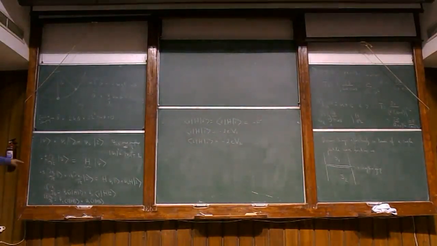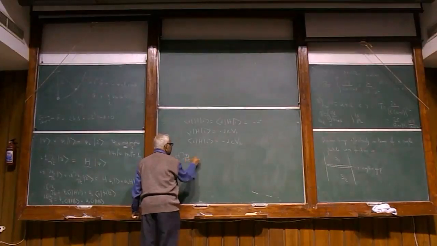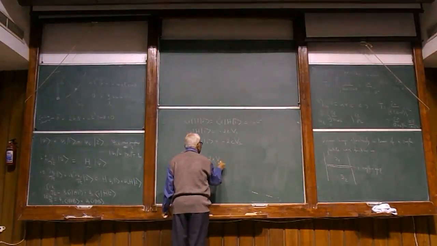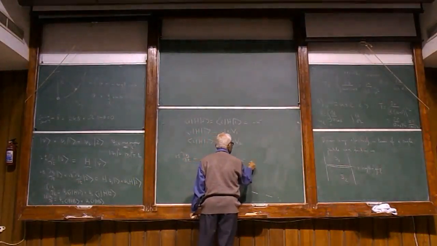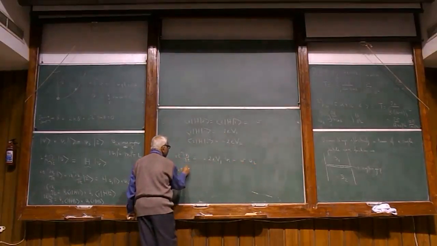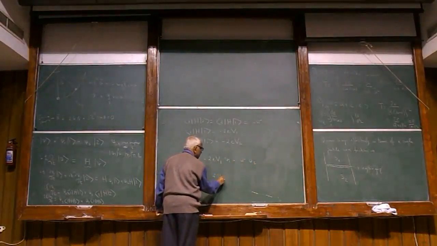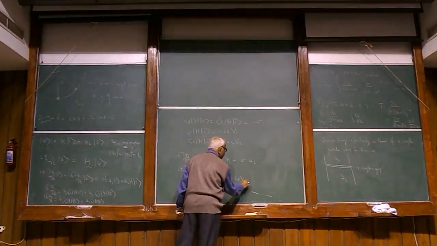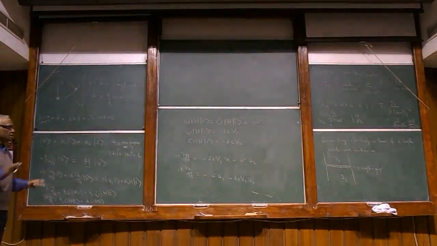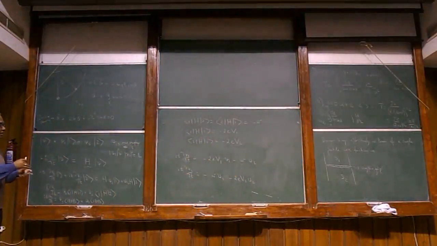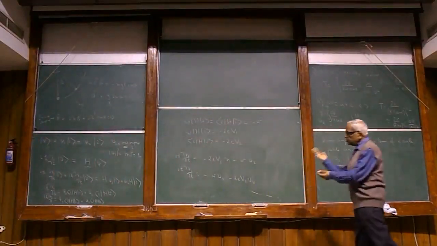So I get at the end of the day i h-bar del psi 1 del t is minus 2eV1 psi 1 minus W psi 2, and i h-bar del psi 2 del t is minus W psi 1 minus 2eV2 psi 2. Good. Nothing very esoteric.